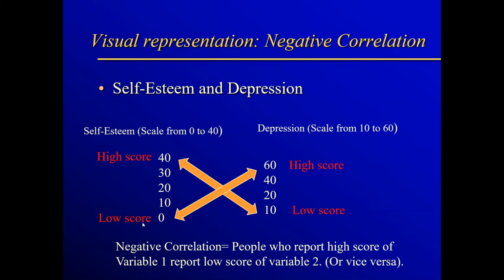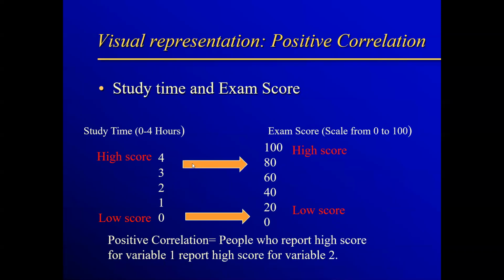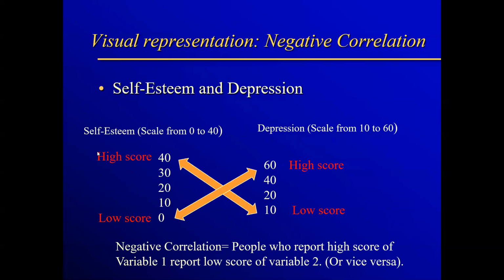People who report lower self-esteem report higher depression, right? Just simple as that. Positive, high score equals high score on the other one, or low score equals low score on the other variable. Negative correlation, high score equals a low score on the other variable, low score on one variable, high score on the other. It's just applying that high score logic.